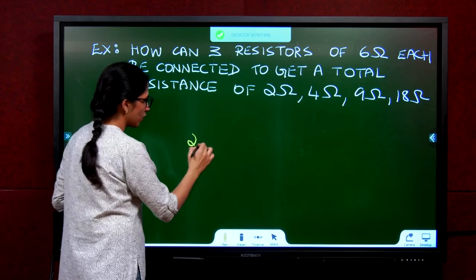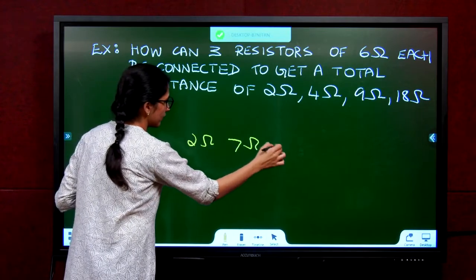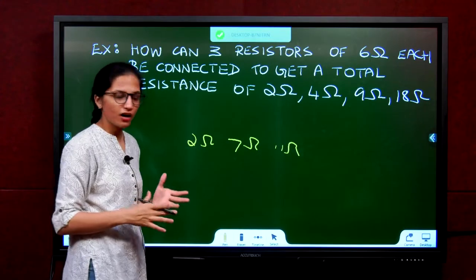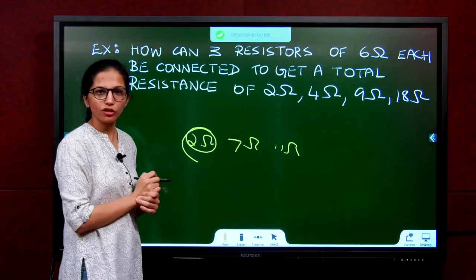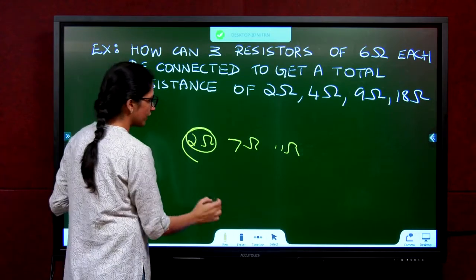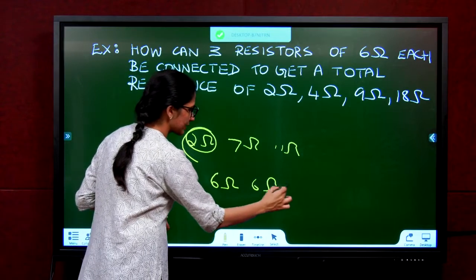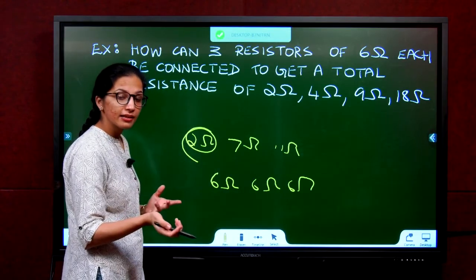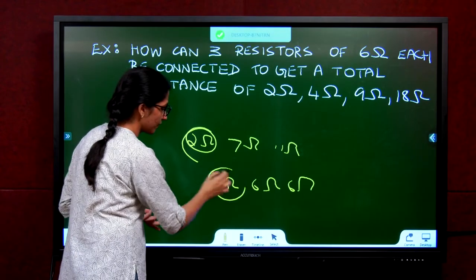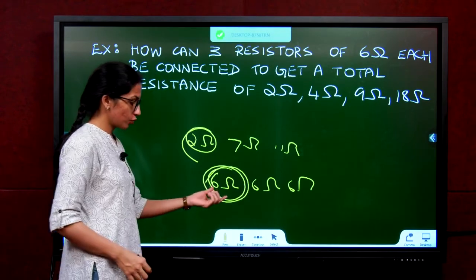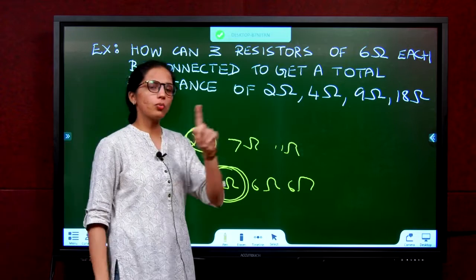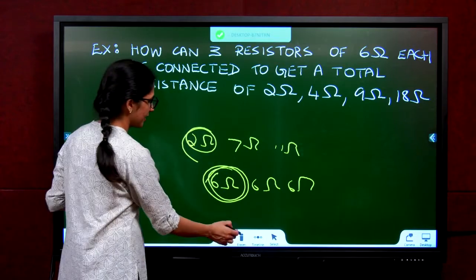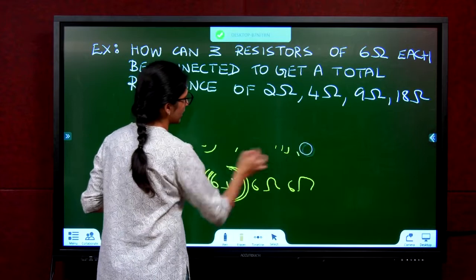That means if you have 2 ohm, 7 ohm, 11 ohm, the value of Rp will be less than 2. Do you remember? Yes. So here we have 6 ohm, 6 ohm and 6 ohm. If I go for parallel, I will get less than 6. My total answer will be less than 6. So less than 6, who is there? 2 and 4. So one of them will satisfy parallel. Let us see who satisfies it.